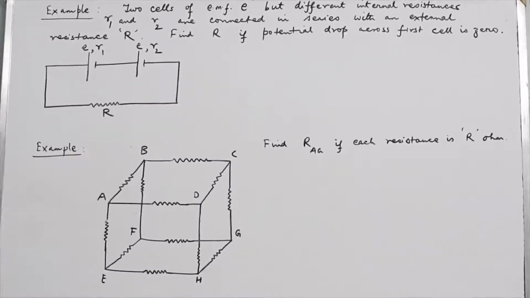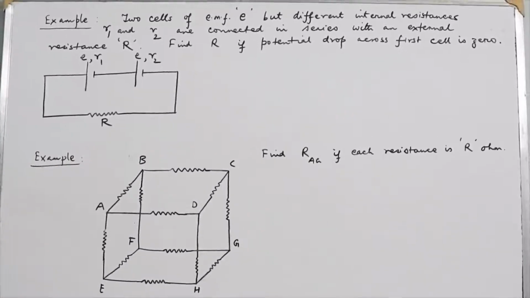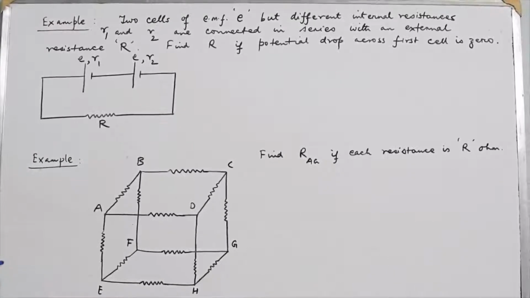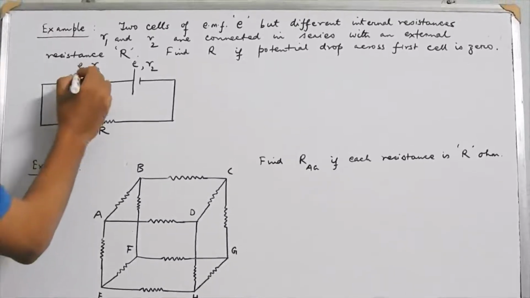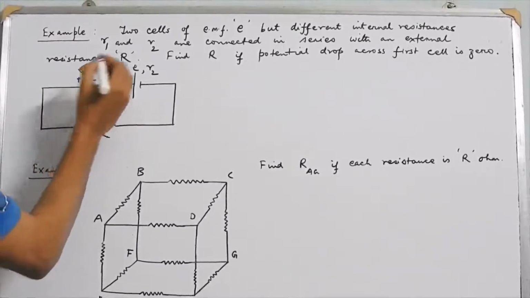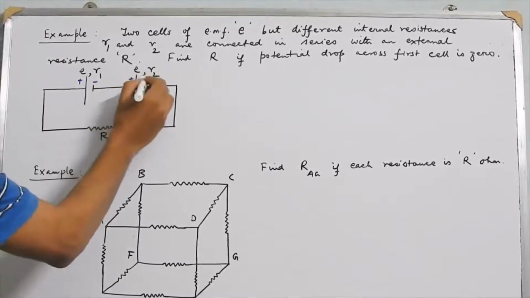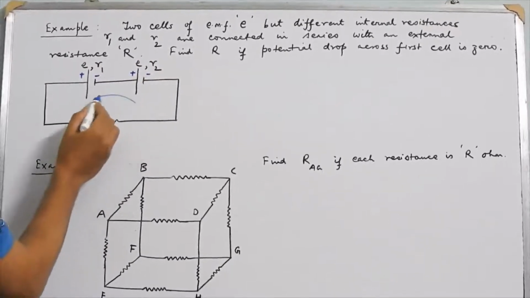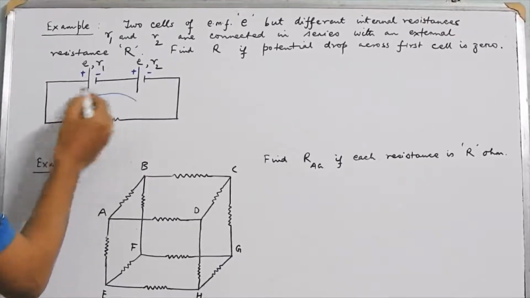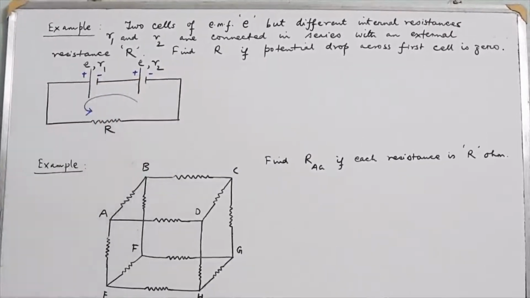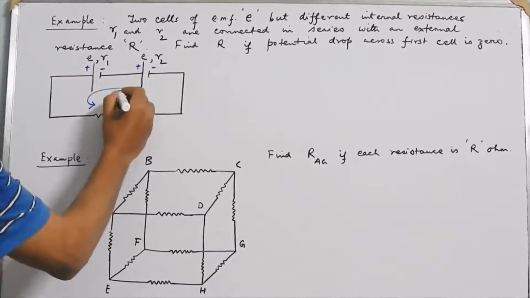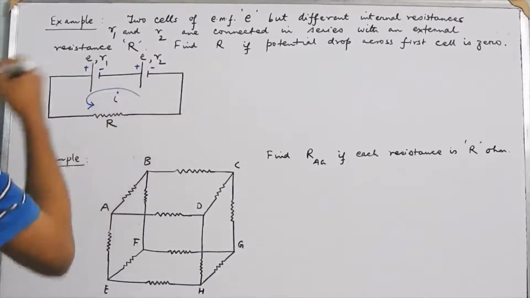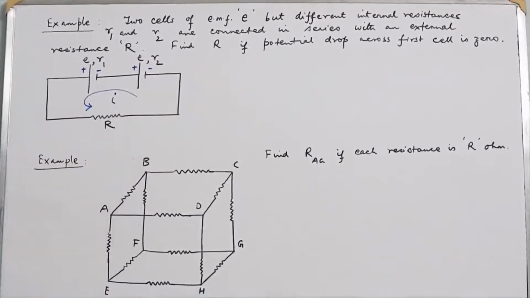So in this situation, let me assume that there is a current I flowing. So this is the positive terminal and this is the negative terminal, and suppose we assume that a current flows in the circuit in this manner. In this manner means anti-clockwise. Suppose a current I flows in the anti-clockwise sense, in the entire loop.